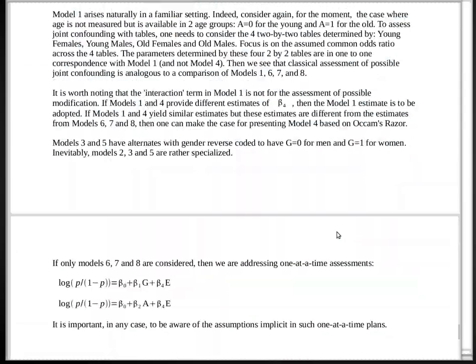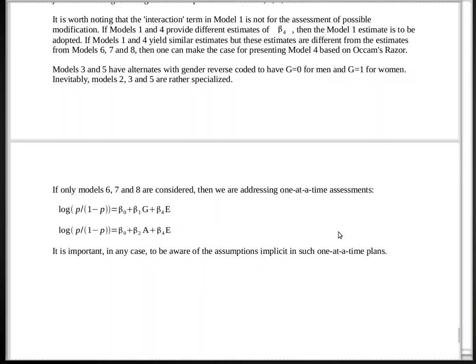That type of one-at-a-time assessment is sometimes argued as appropriate for the assessment of gender as a confounder and/or age as a confounder. And what I hope I have illustrated in this session today is that these one-at-a-time assessments may miss the issue, and that implicit in the use of the one-at-a-time assessments are assumptions that need to be explored.